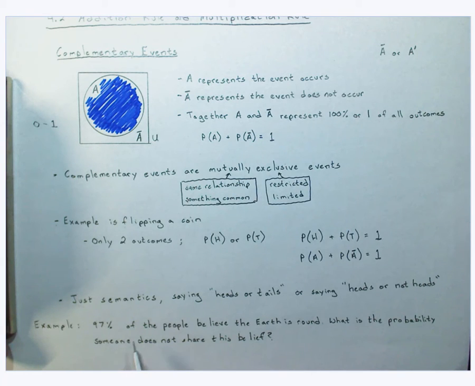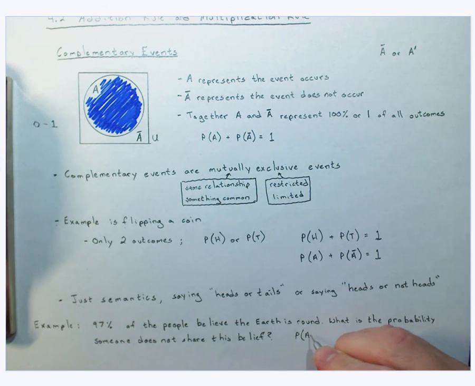For a problem just like this, say 97% of the people believe that the earth is round. What is the probability someone does not share this belief, or thinks that it is not round? If I say the probability of A is round, then the probability of not A is not round.